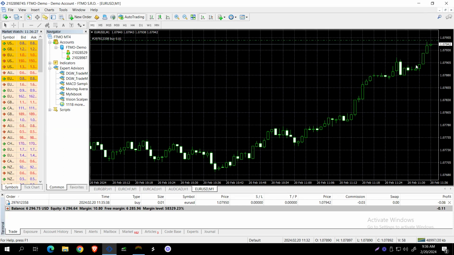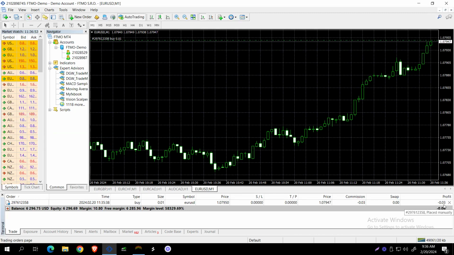Yes. So since we buy this in market order, it means we think the market will go up. If the market never goes up and is going down, we are losing, just as you can see in this trade here. You can see that we are at minus 0.08 pips.